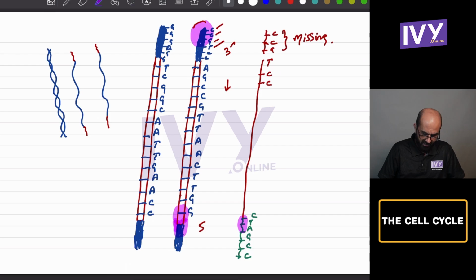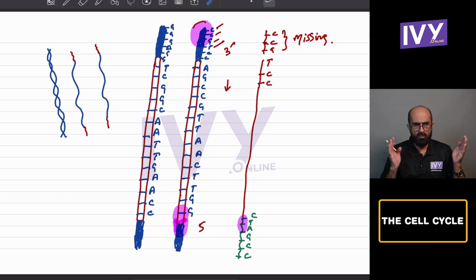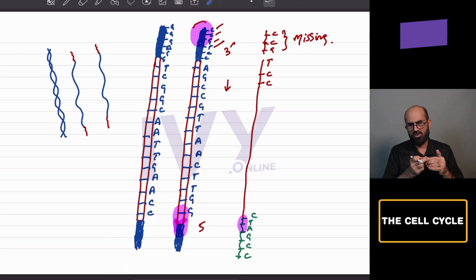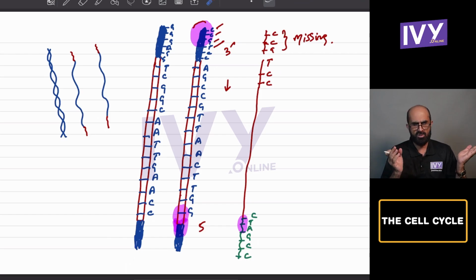So it will again miss 3 nucleotides. Which ones? These 3 nucleotides will be missed because it cannot move forward. This is one of the problems with the DNA molecule, that one DNA strand cannot be copied completely. The polymerase reaches a certain level of the DNA and leaves a short part of the DNA at both ends, at the telomere.